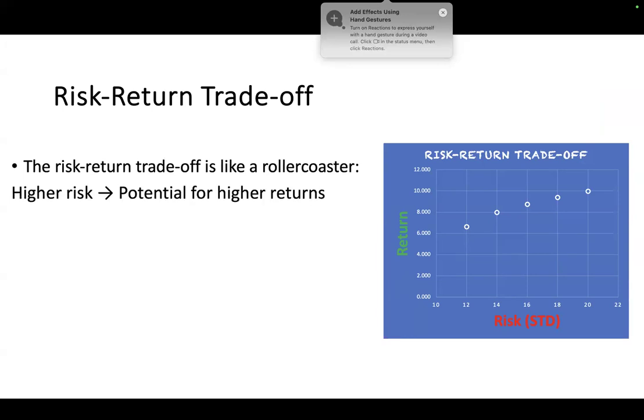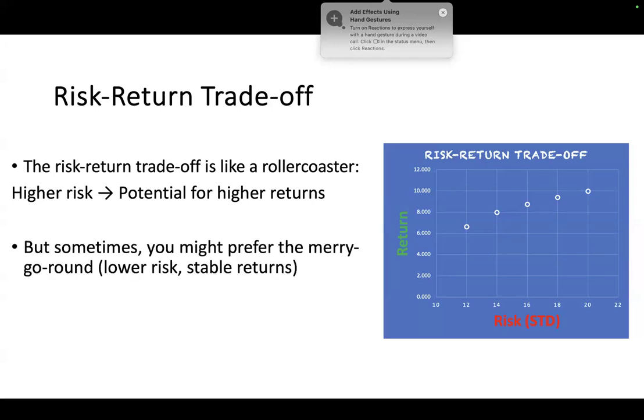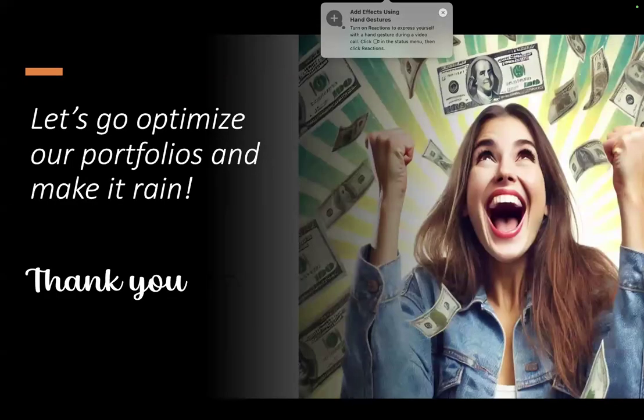It's like a roller coaster, yes? Higher risk gives you the potential for higher return, just potential, not always. But sometimes you might prefer a merry-go-round, very low risk, stable return. Let's go optimize our portfolios and make it rain.